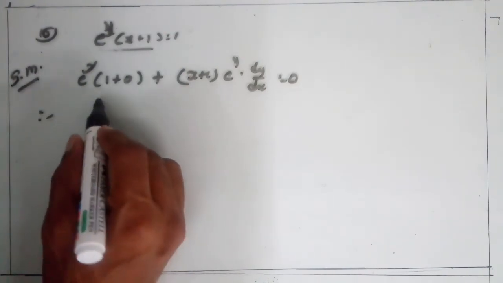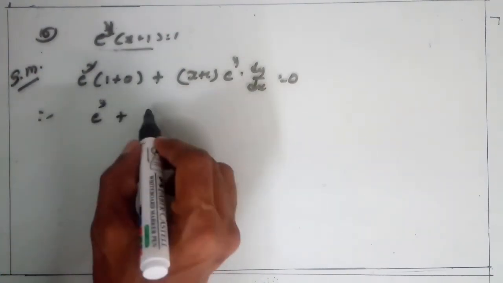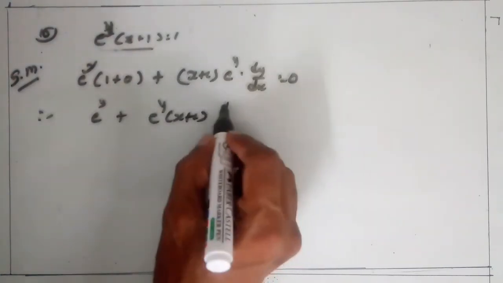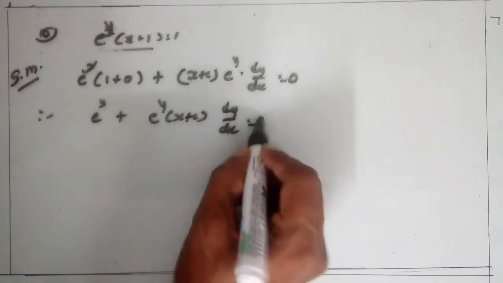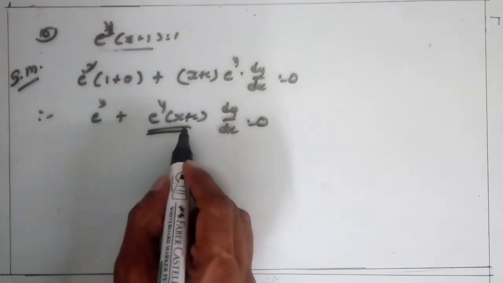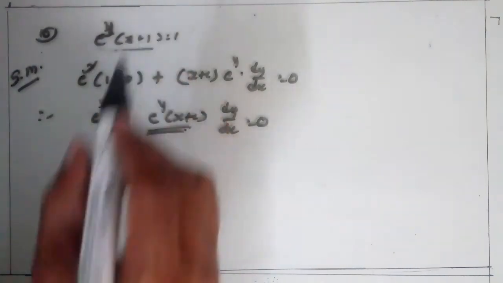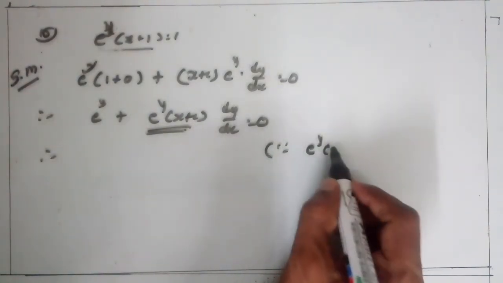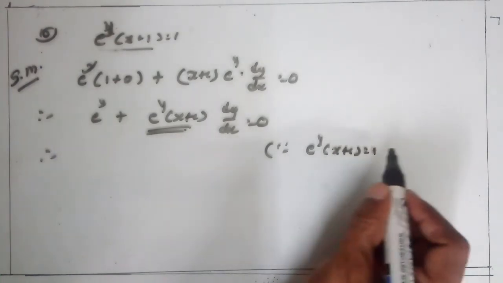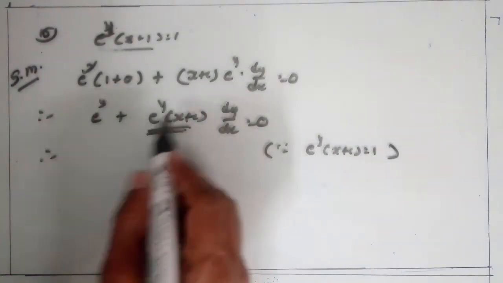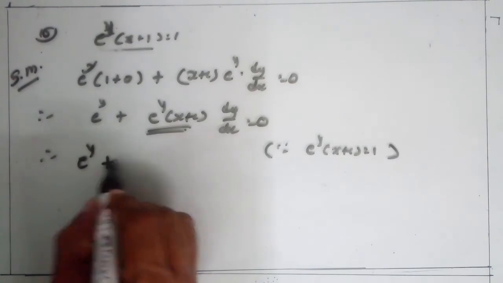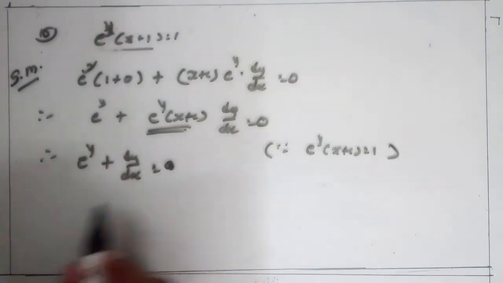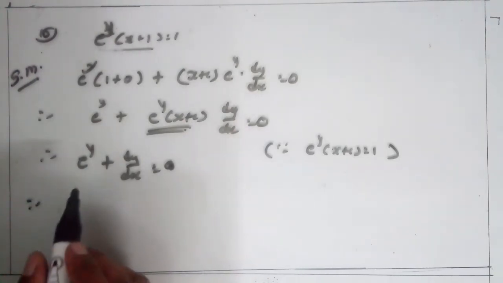So e^y + e^y (x + 1) dy/dx = 0. But here e^y (x + 1) = 1 is given. Write this, e^y (x + 1) = 1. Clear? Therefore this becomes 1. So e^y + dy/dx = 0. Clear this? Now differentiate a second time.